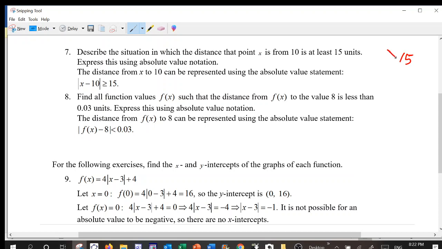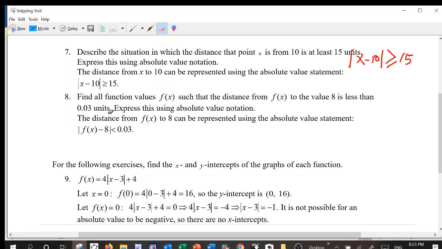So you want it to be equal to 15 or greater than 15. What has to be 15 or greater than 15? Well, the distance between x and 10, right? Which is written as that, right? That's the idea of this number.